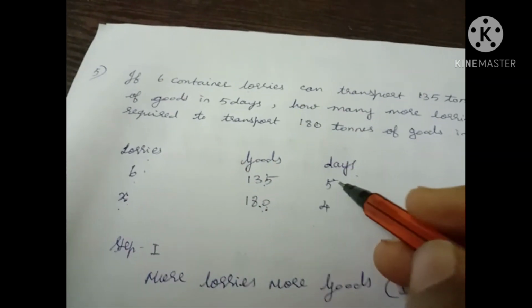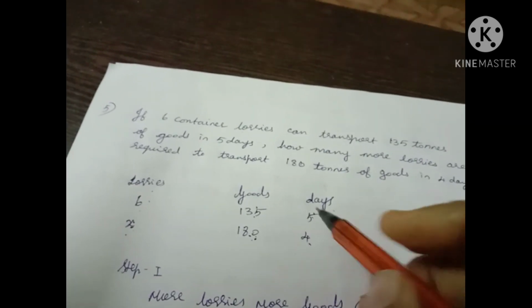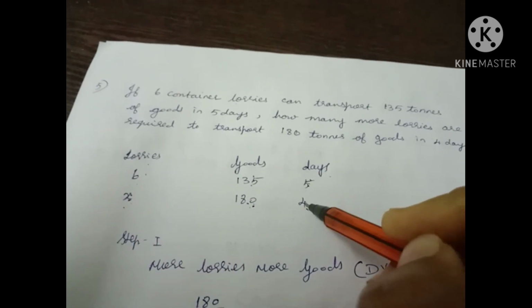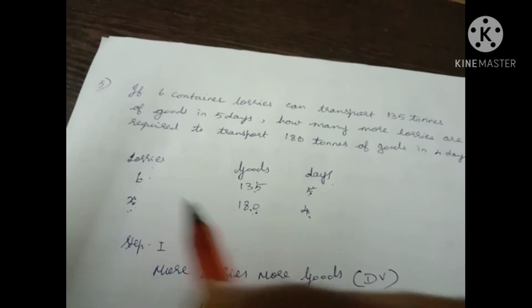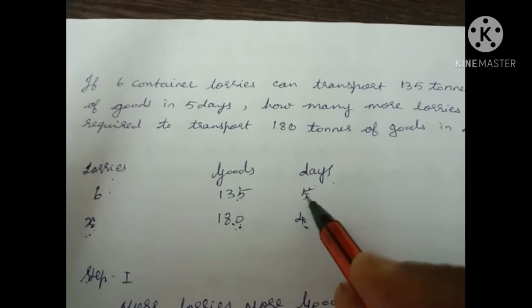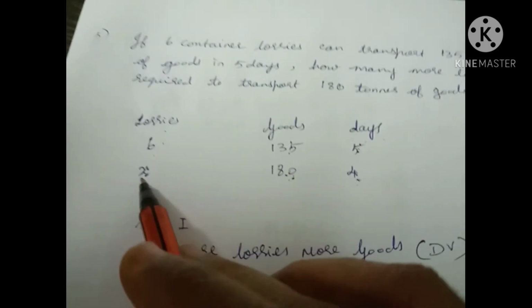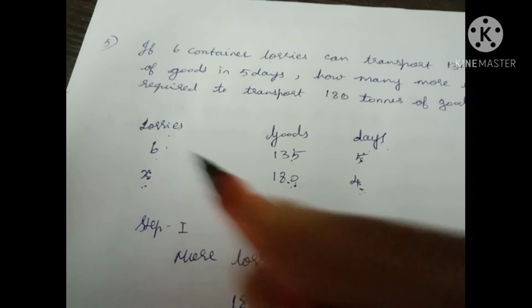Days and the lorries. Here 5 to 4 days it is decreased. So if you compare 5 days, 6 lorries means in 4 days the number of lorries will be increased. Therefore here it decreases and here it increases.